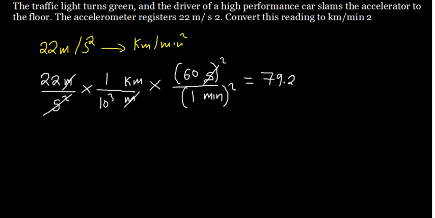We only have a kilometer. And then per down, what unit do we have? 1 squared is just a 1, minute squared to be a minute squared. So this is going to be the answer, 79.2 kilometer per minute squared. That is the same as 22 meter per second squared. Are we okay? Are we good?